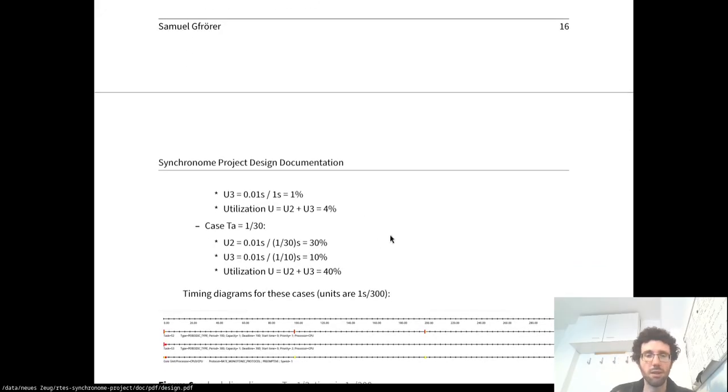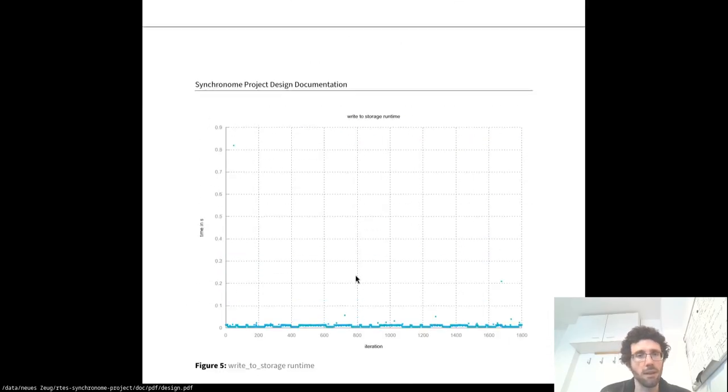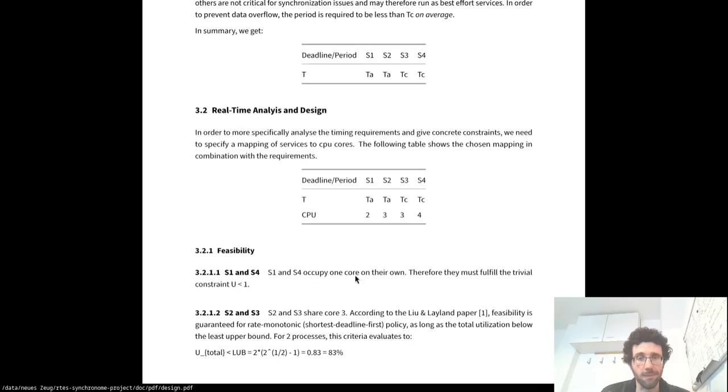For the stretch goal, the total utilization for service 2 and 3 amounts to 40%. That's 10 times higher, but this is still way below the least upper bound. So in both cases, scheduling is still feasible.